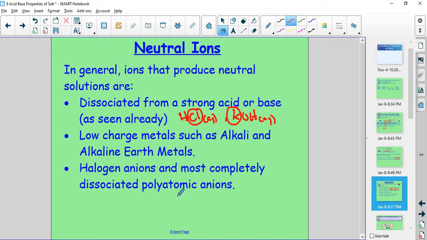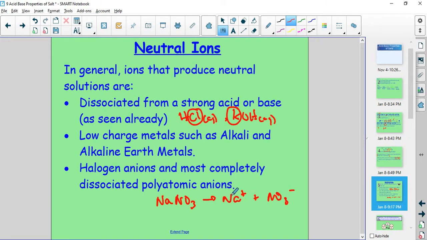So an example, if we think back to nitrate, -1 charge, I'm going to pair that up with sodium nitrate. If that dissociates, this is a very pH neutral solution.